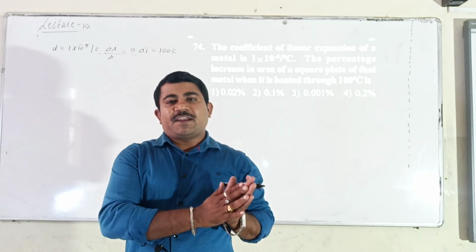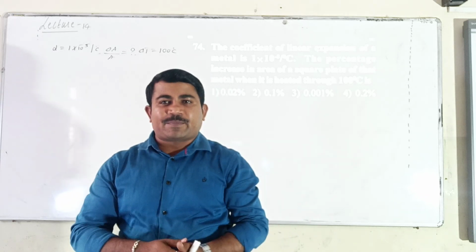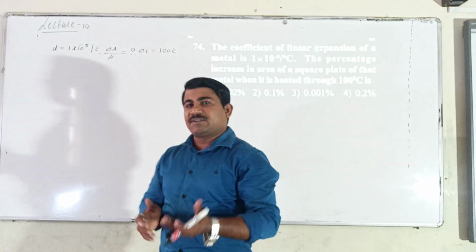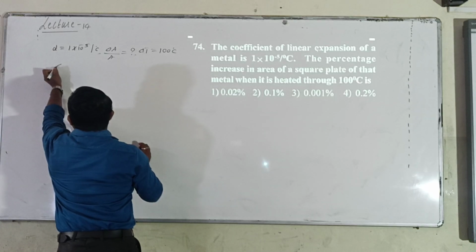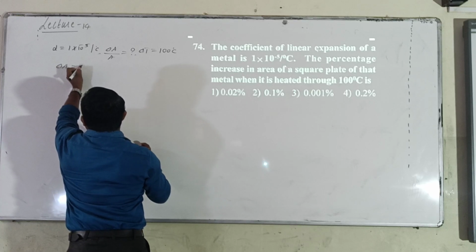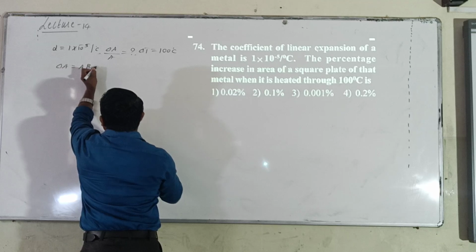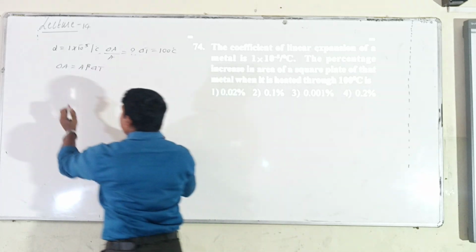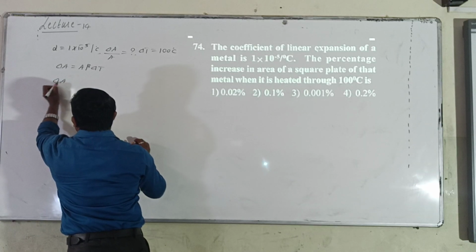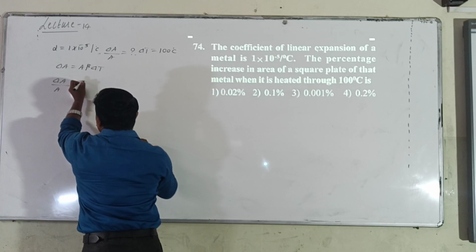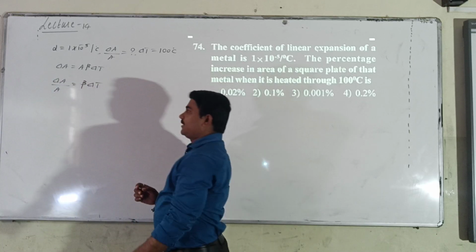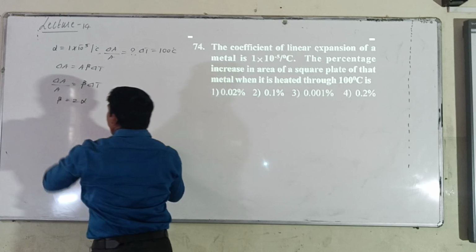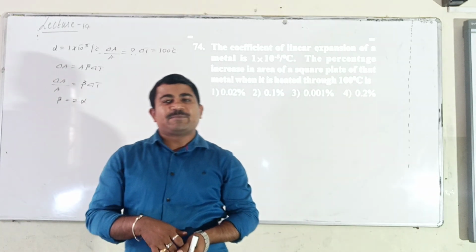We know in areal expansion, the change in area is directly proportional to the original area and directly proportional to the change in temperature, with a constant beta. So change in area equals original area into beta into delta T. Then change in area divided by original area equals beta into delta T. But we know beta equals 2 times alpha.